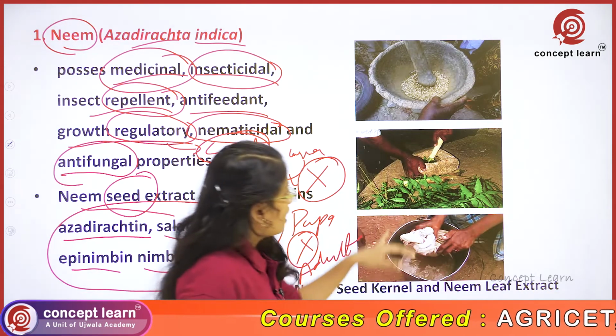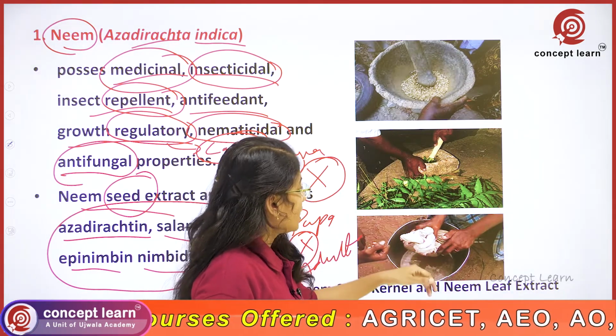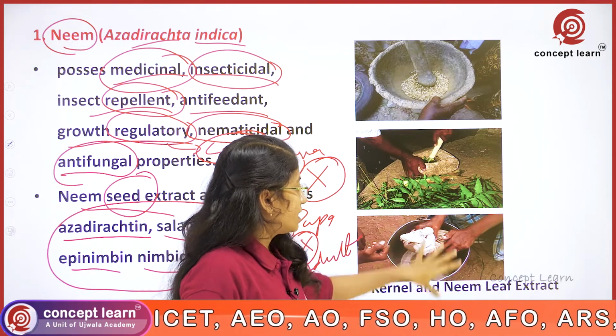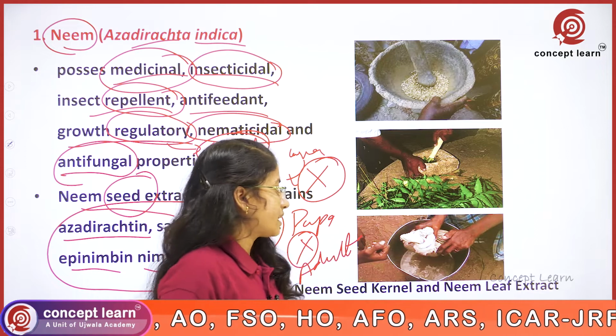Here you can see how neem leaves are crushed and how the oil is extracted. This is the neem seed kernel preparation and this is the neem leaf extract preparation.